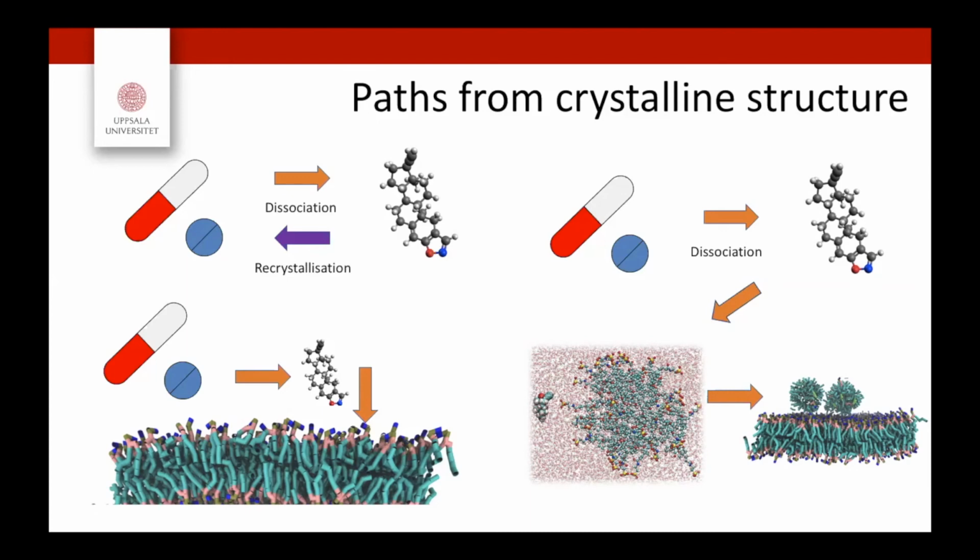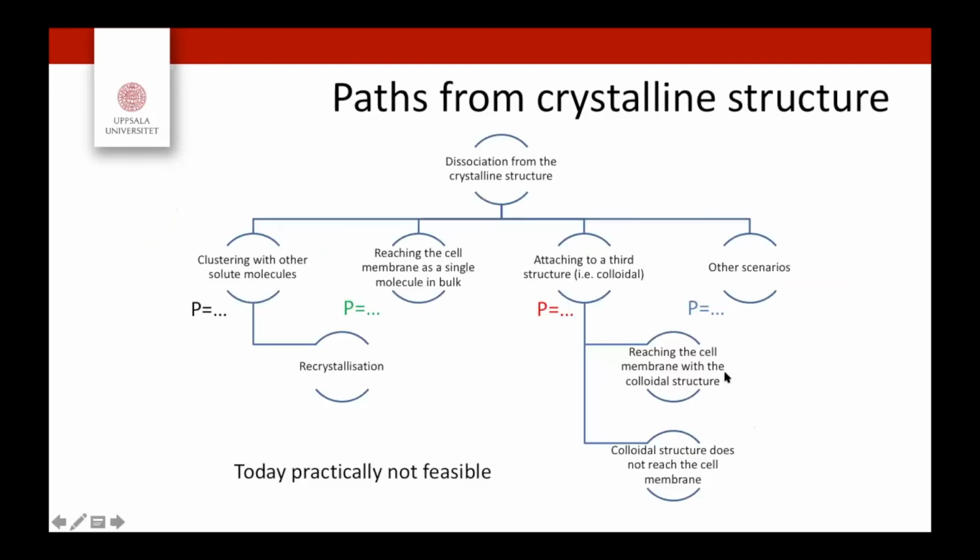But still, if we want to study the whole concept, if we want to understand how the solubility works, the whole chain from the crystalline structure to the blood, there would be a number of pieces to put together. And then if we know these probabilities, what's happening, how likely the scenario with clustering with other solutes is, what's the chance to get straight to the cell membrane, and if we know the free energy profiles, then, if we can automatize this process, that would be a very interesting workflow to analyze and predict fully what's going to happen in a complex environment.